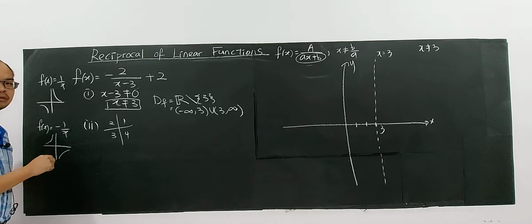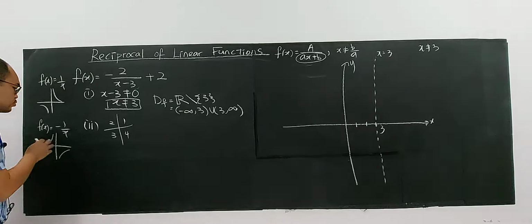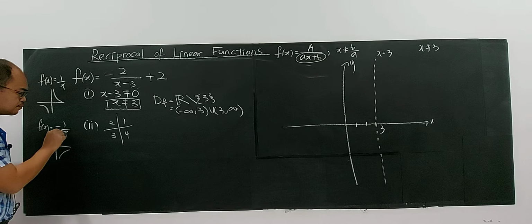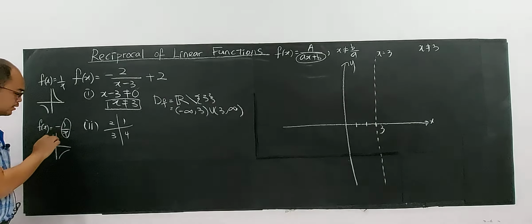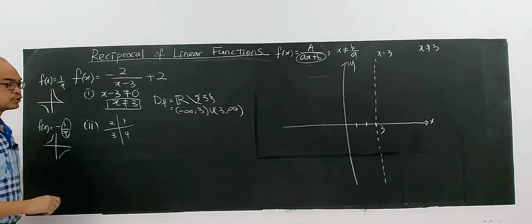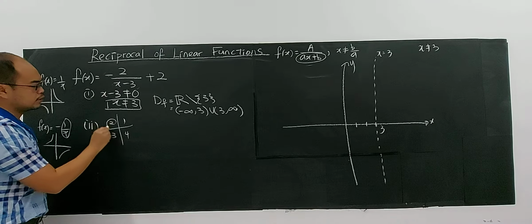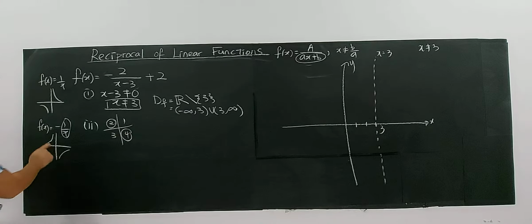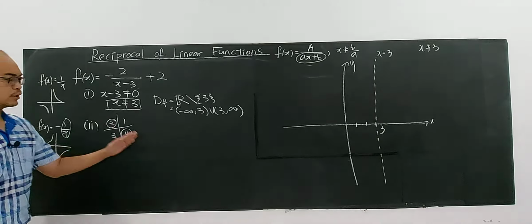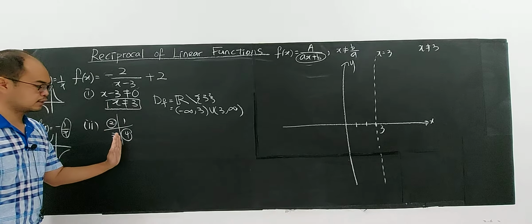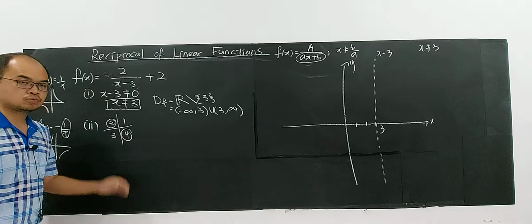This is true provided that the coefficient of x is positive. But the whole thing here, the 1 over x, the sign is negative, so it will be in these two locations. For this case, there is a negative here and the coefficient of x is positive, so it will be in the second and the fourth. So the vertical asymptote is here, and the graph lies in these two sections.